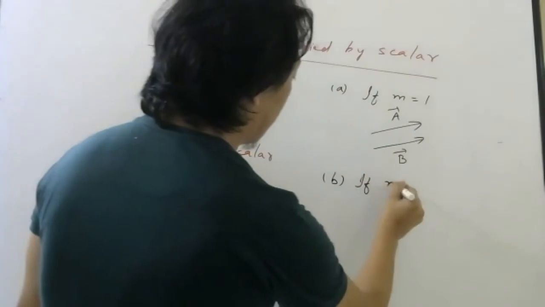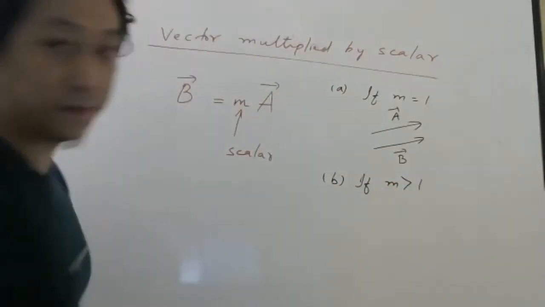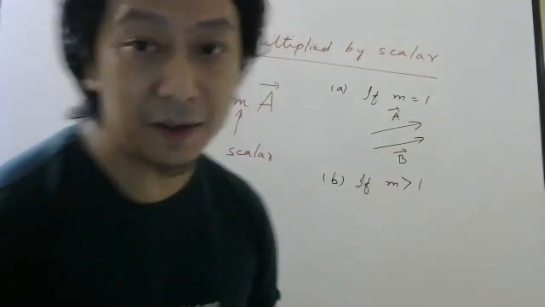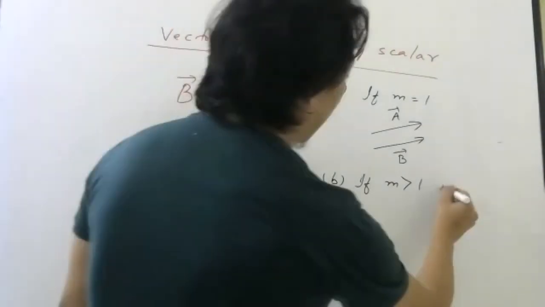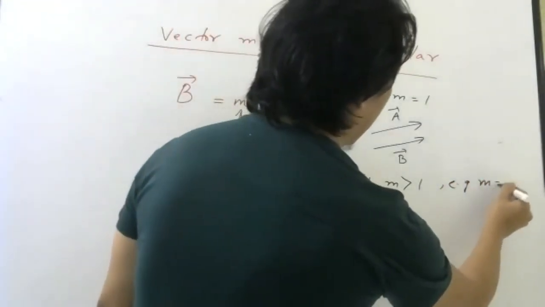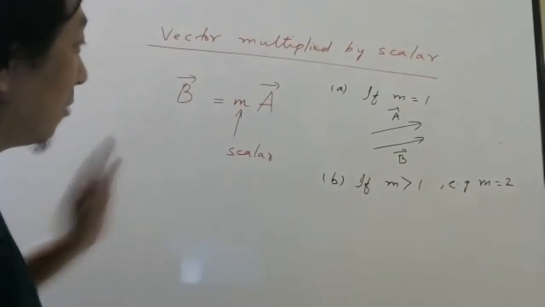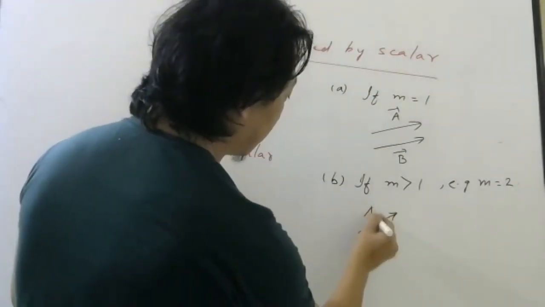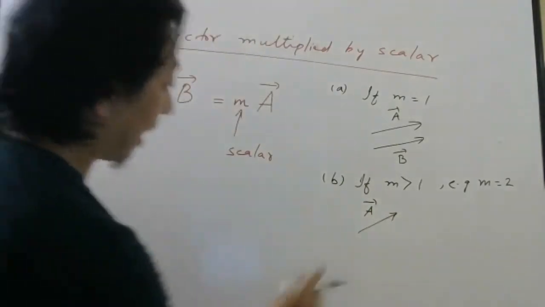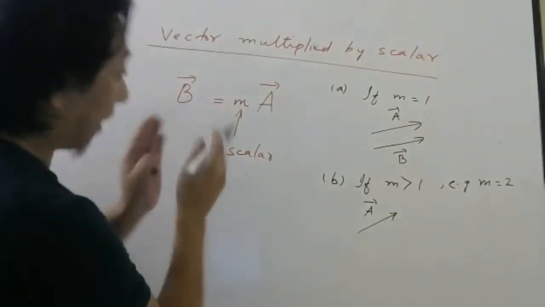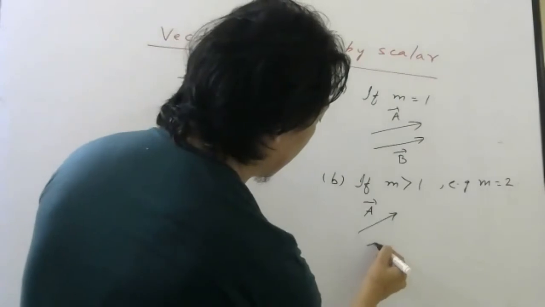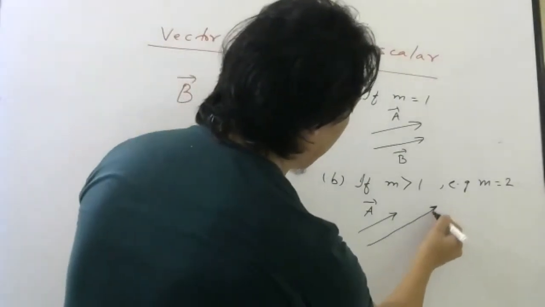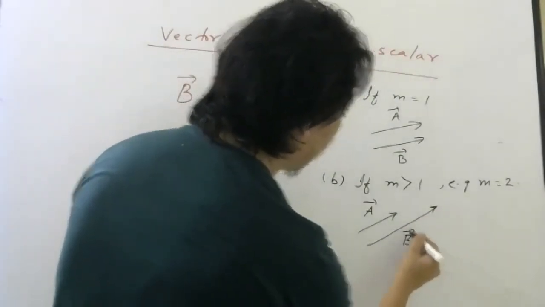If M is greater than 1, let us take an example. Suppose M is equal to 2. Then if this A bar is this vector, then B bar will have the same direction, but the magnitude will be doubled. So this will be your B bar.